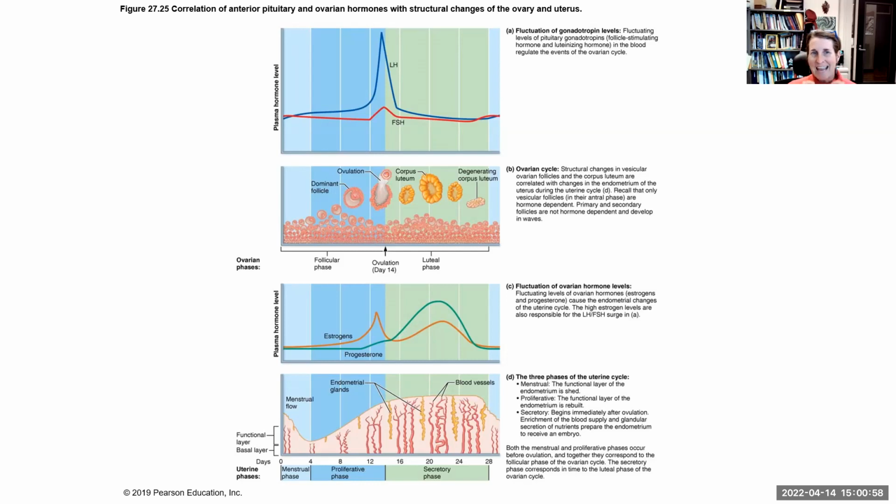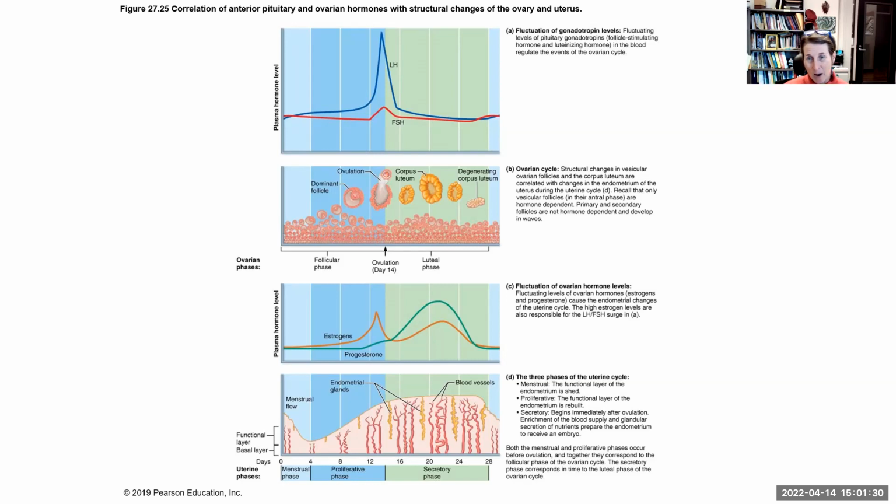So if the egg does not get fertilized, and there's not that feedback between the uterus and the corpus luteum, then the corpus luteum degenerates. Aha. So when the corpus luteum degenerates, then it stops making hormones. We're going to decrease down here in the plasma hormonal level chart the amount of progesterone and the amount of estrogen, and the inhibin, all of those are decreasing.